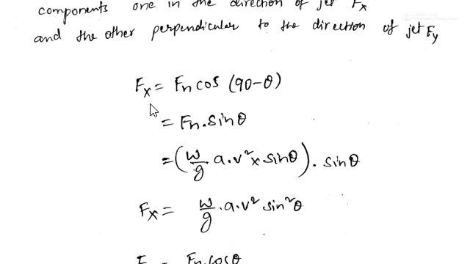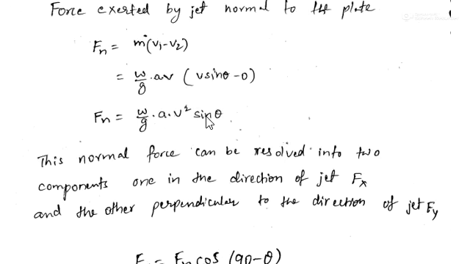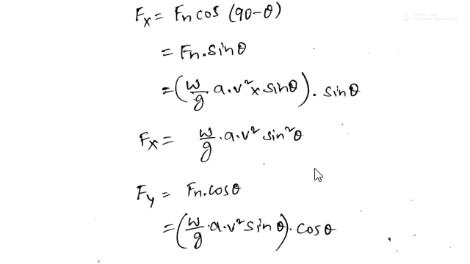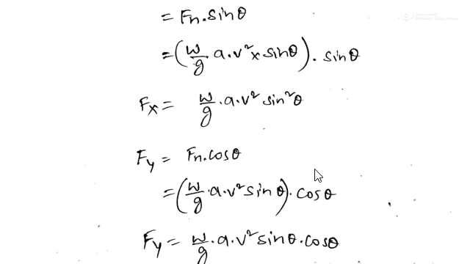So if you observe, Fx we are writing as Fn into cos 90 minus theta, and cos 90 minus theta is sin theta here, and we have seen Fn as W by G A V square sin theta. So in the place of Fn, W by G A V square sin theta, and sin theta is there, so sin theta into sin theta is sin square theta. So the Fx force, in the x direction, is given by W by G A V square sin square theta.